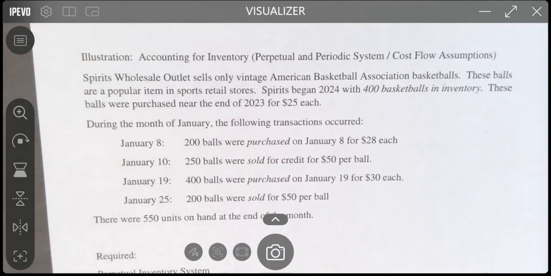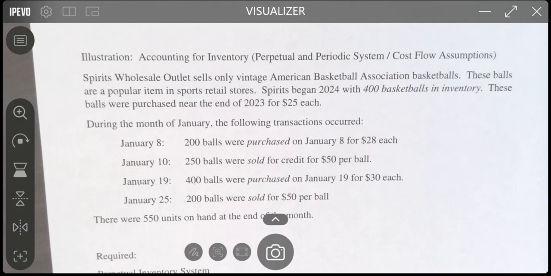We're going to do it using the perpetual inventory system, and then using the periodic inventory system. And within each of those, we're going to use the 3 most common cost flow assumptions.